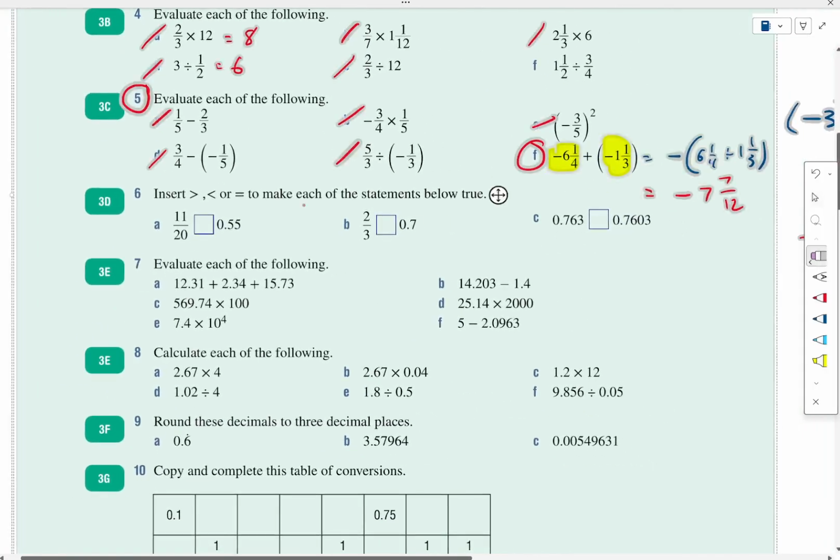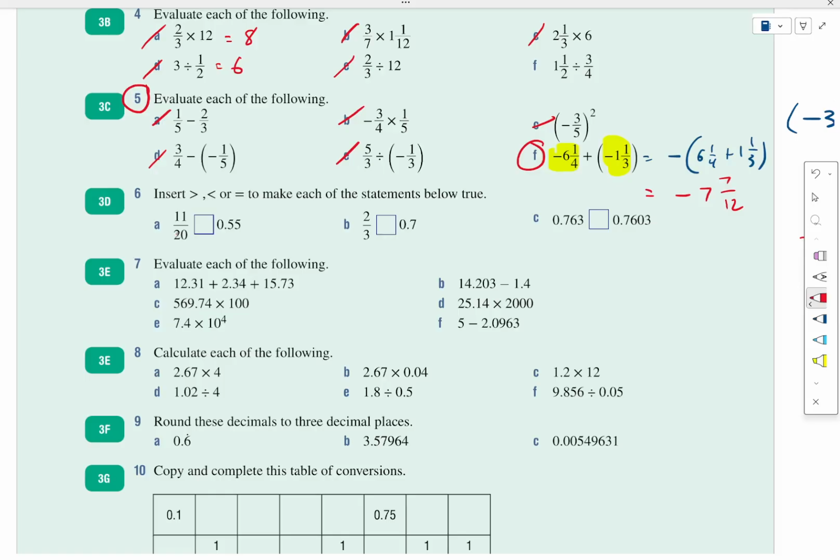Now this one, which symbol? How can we tell? Can we tell straight away? I think equal. Yes. Very nice. How did you do it? Because 20 is really close to 10, so you just divide by 2. And 11 divided by 2 is 5.5, and that's the same as 0.55.